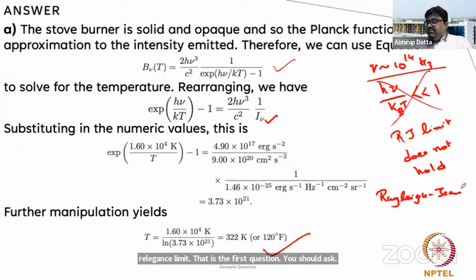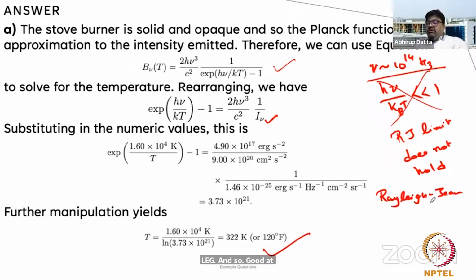This is clearly pretty high, 10^14, so it is not near the lower frequency of the radio regime, and so the Rayleigh-Jeans limit does not hold. It's a bit tricky, because the only thing you concentrate on is nu. I have to check what the value of nu actually is.